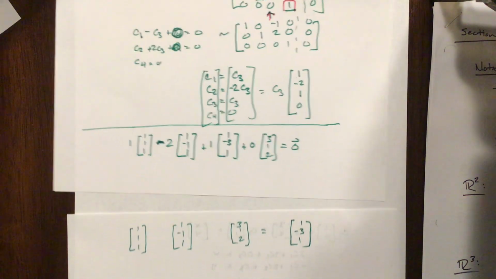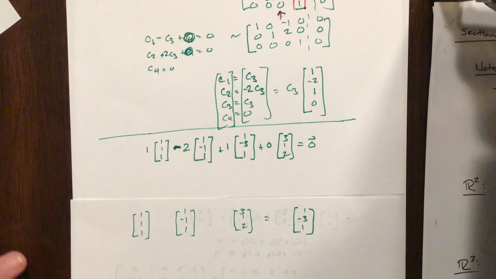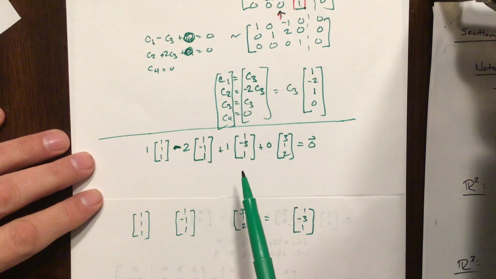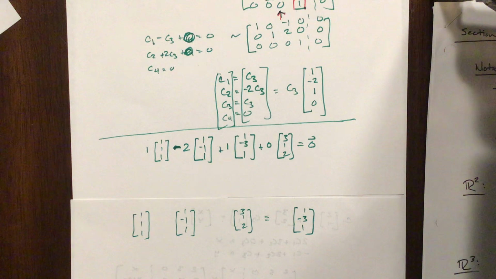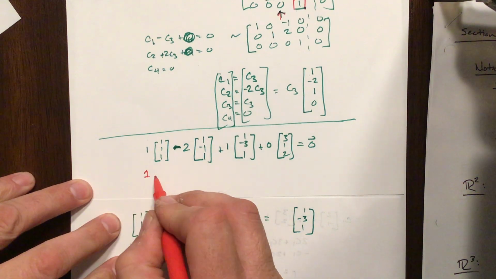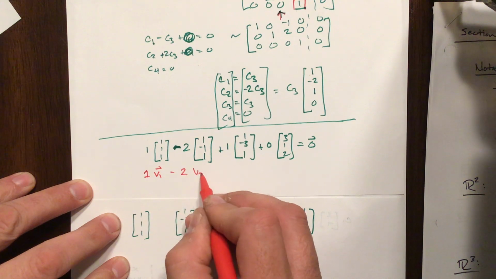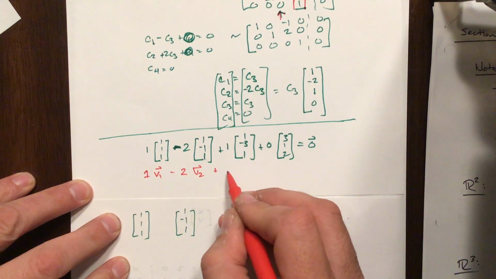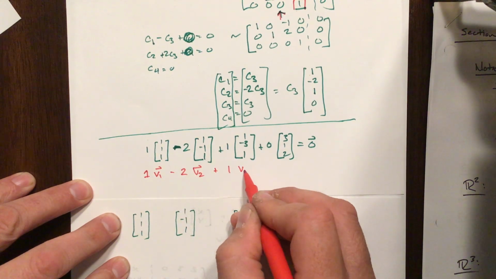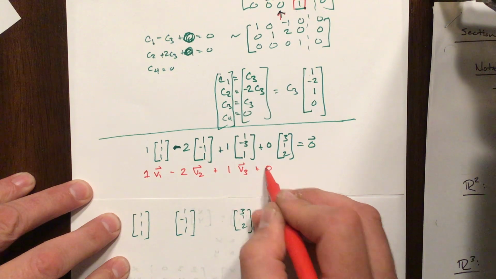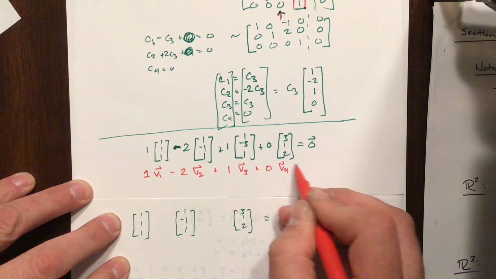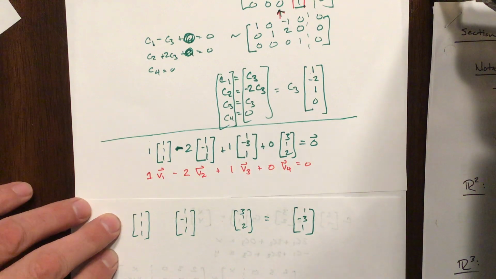I should. Because remember, we have this result here at the very end that says 1 times V1 minus 2 times V2 plus 1 times V3 plus 0 times V4 is equal to 0.